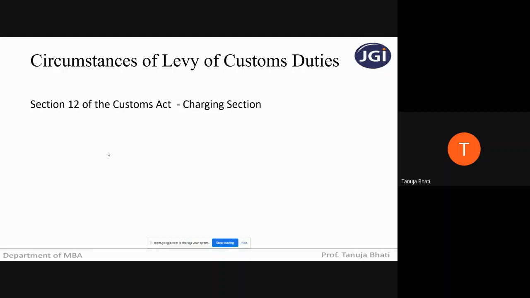Charging section means that under this section the customs duty will be imposed on the goods imported or exported. So Section 12 of the Customs Act makes it very clear that import or export of goods into or outside India is a taxable event for the duty of customs.